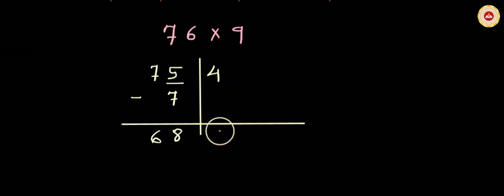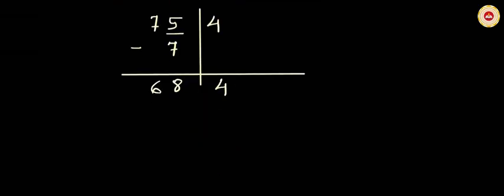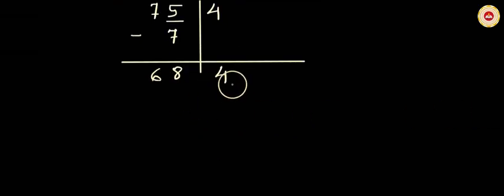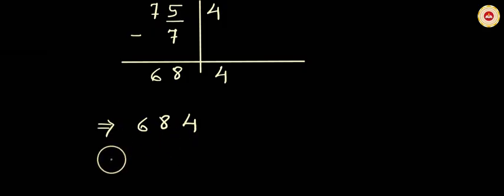And write this 4 as it is. So friends, we have calculated the left part and the right part. Let us rewrite the answer by removing this separation. 6, 8 and 4. Correct? So this is the answer.